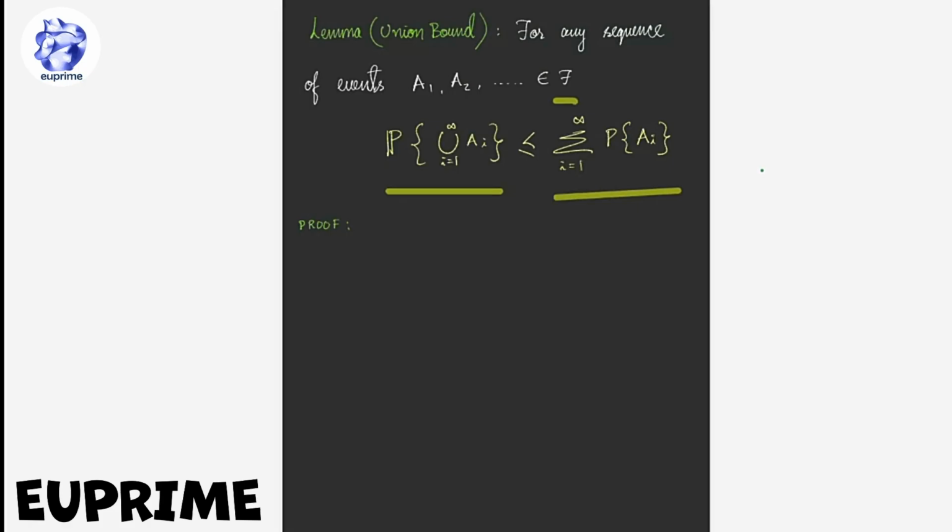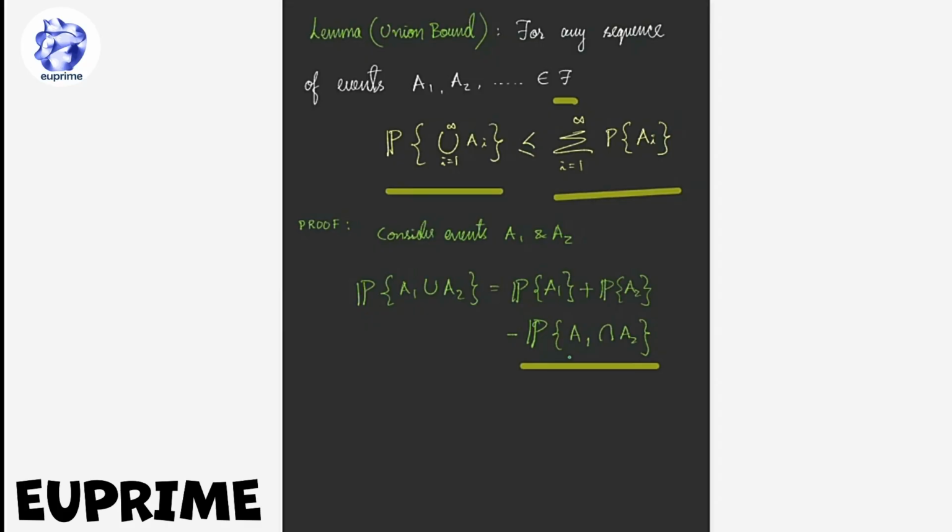How do we prove it? First, consider events A1 and A2. We know from the probability of a union, which should be quite familiar to everyone, that this can be written as P(A1 ∪ A2) = P(A1) + P(A2) − P(A1 ∩ A2), and we assume that this intersection term is positive.